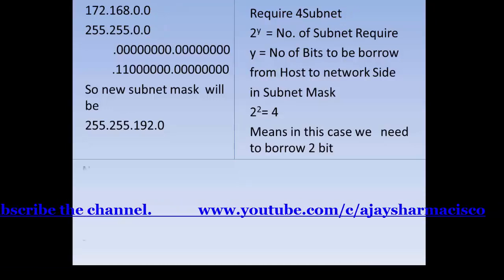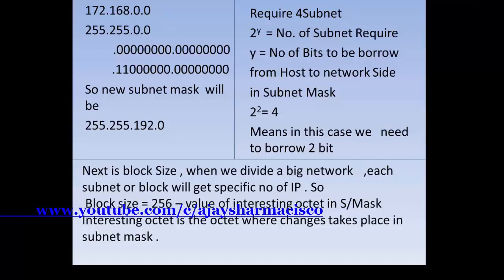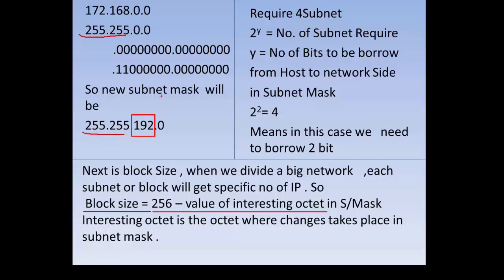Okay, same thing next. 256 minus the value of the interesting octet will be the block size. So which one is the interesting octet here? I think this one, because the variation takes place. 255.255.255, variation takes place in the third octet. So this is our interesting octet.